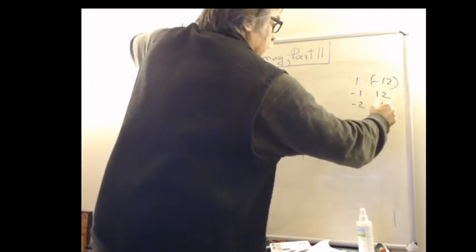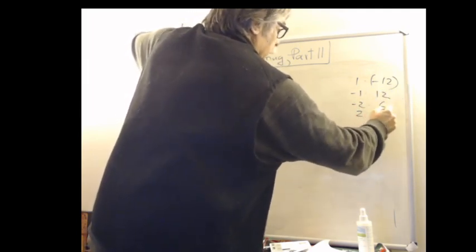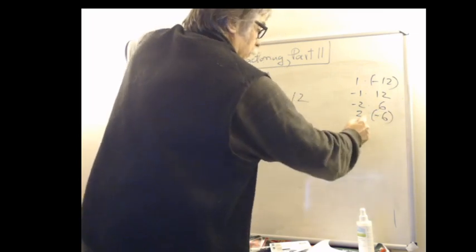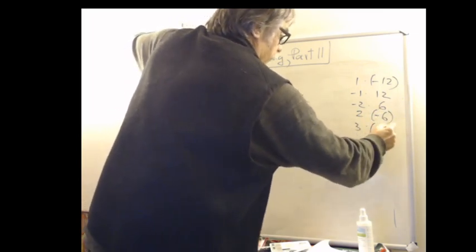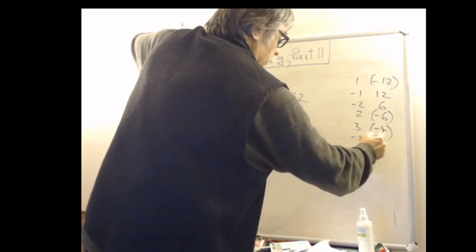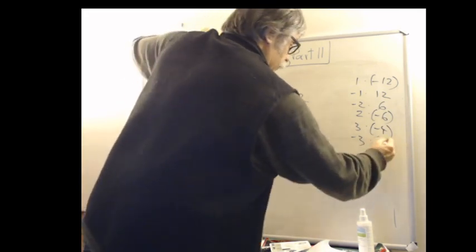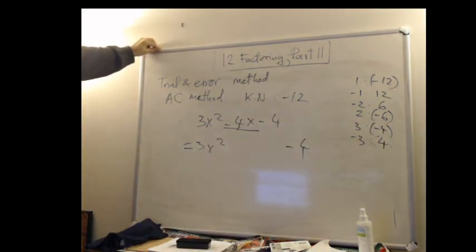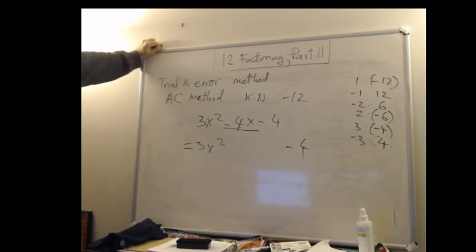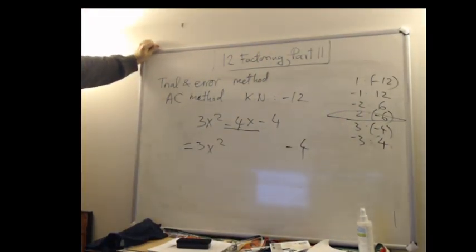Negative 2 times 6. 2 times negative 6. 3 times negative 4. Negative 3 times 4. And that's it. There's nothing else. So which one would be a good separation for this guy? Negative 6 and 2.